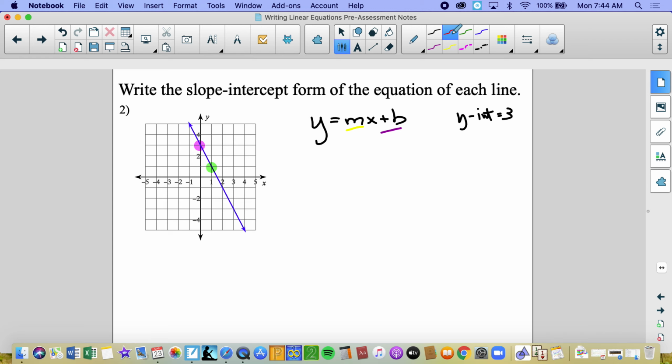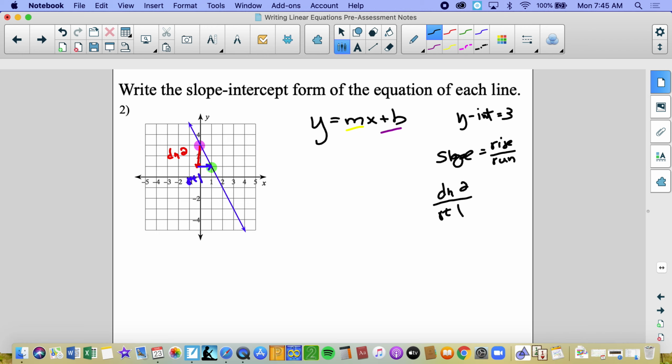In this case, we have to go down 2, and then we have to go right 1. So my slope equals rise over run. How much do I rise, meaning up and down? I go down 2. How much do I run, meaning left and right?